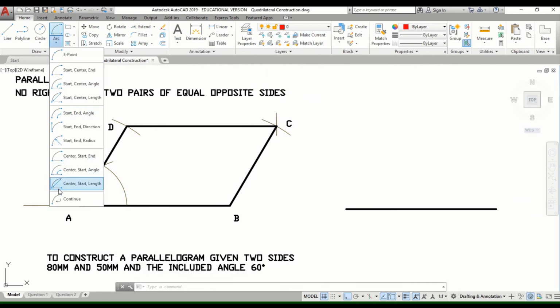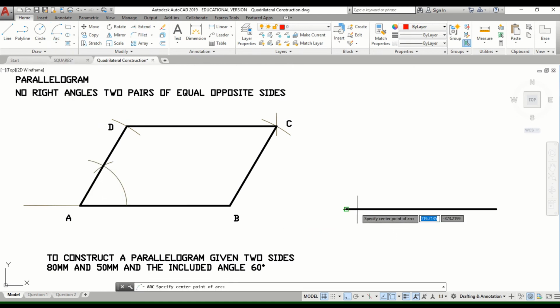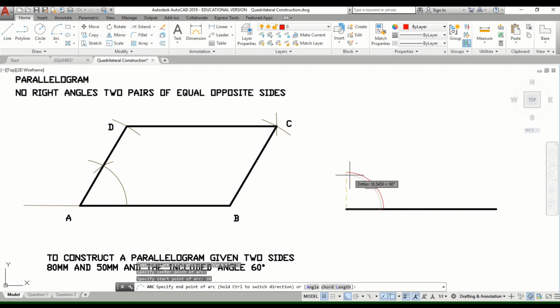Remember, for this construction, we will be using center start end, and we always start with the angle of any convenient radius. We'll use 20 at this point in time. So we just take off the auto, and we just need 60.